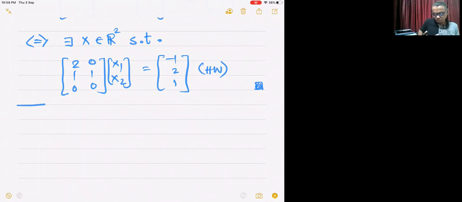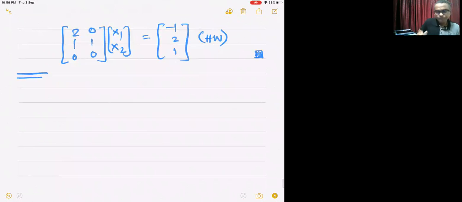So let us move on to another important aspect of this coordinate idea. And what is that?